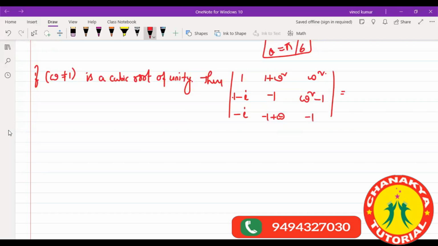What is the value? Option A is 0, option B is 1, option C is omega, option D is i.